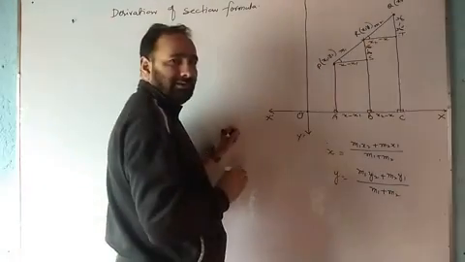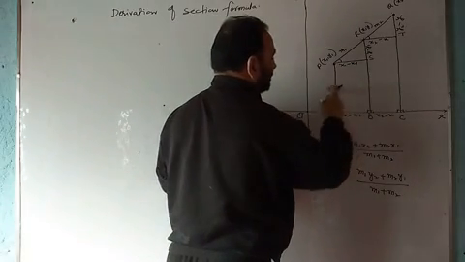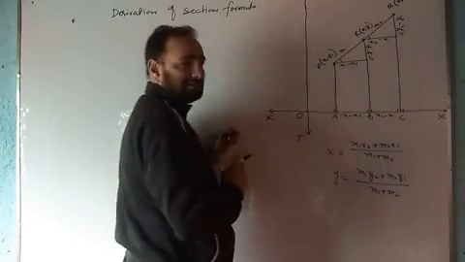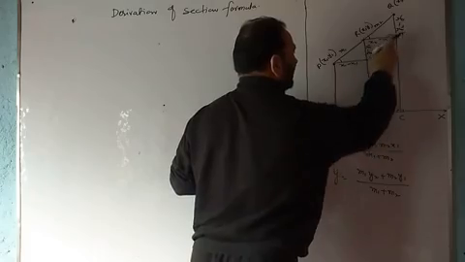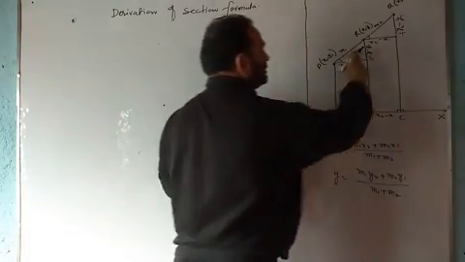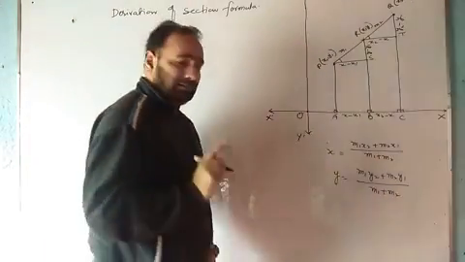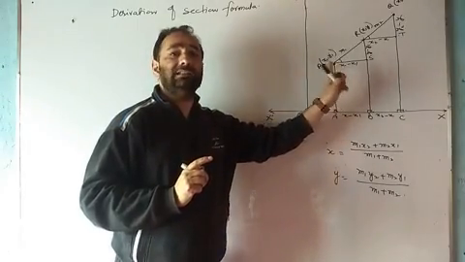Yes, they are corresponding angles, because the lines are parallel and this is the transversal, so they will be equal. What about these two angles? Yes, they are equal, each 90 degrees. So these two triangles are similar by AA similarity. After making the two triangles similar, we will take the sides as proportional.